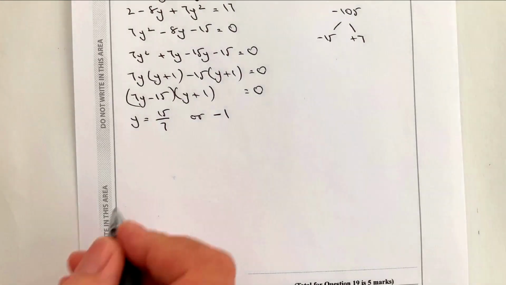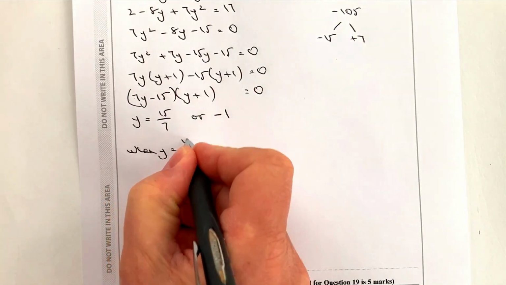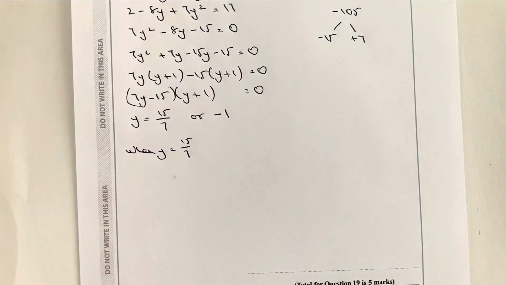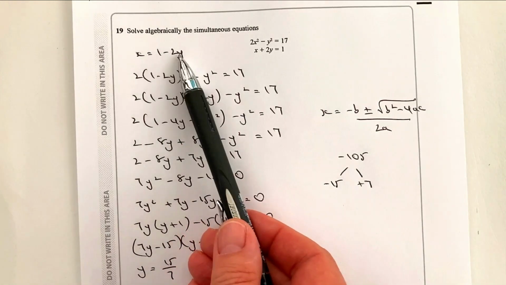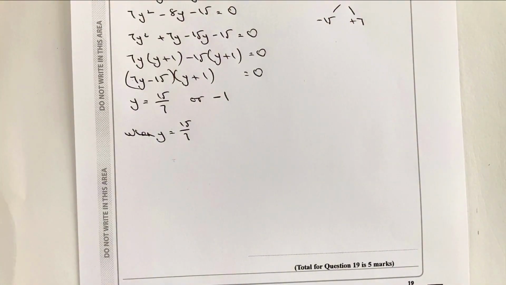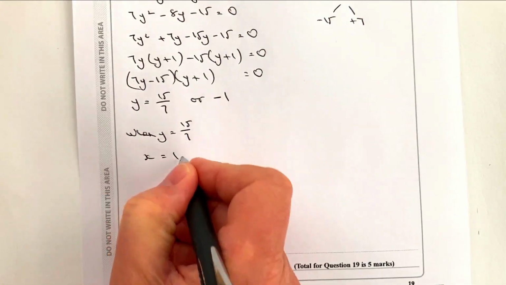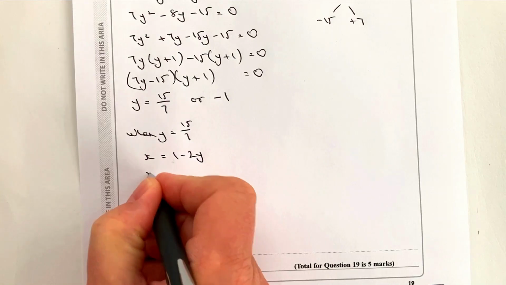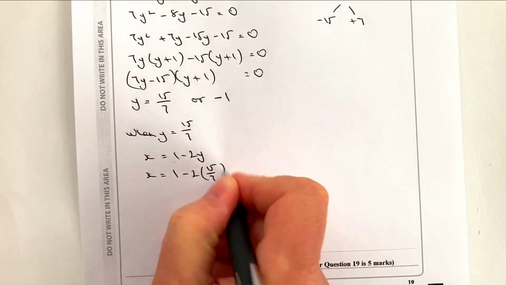So we've now got two questions to ask, and the first question is that when y equals 15 over 7, what's the value of x? Well, the value of x, if you remember back from our original formulas, is going to be x equals 1 minus 2y. So we can substitute in the value of y here. So rather than writing x equals 1 minus 2y, I'm going to write x equals 1 minus 2 times 15 over 7.